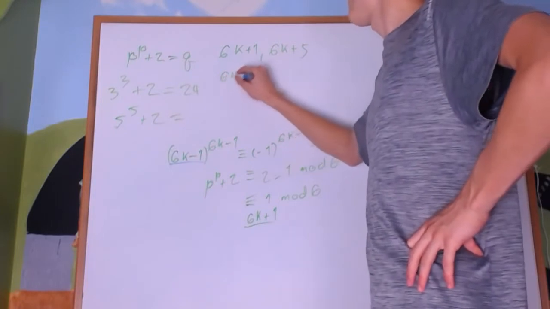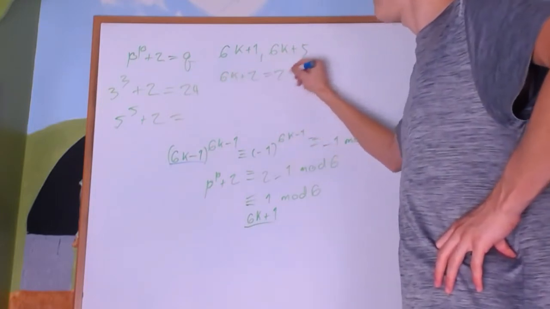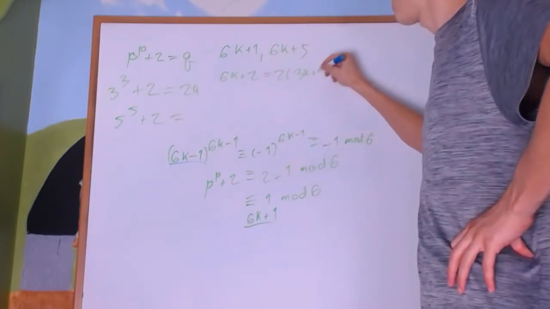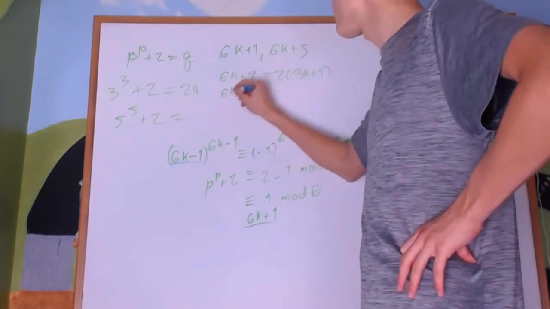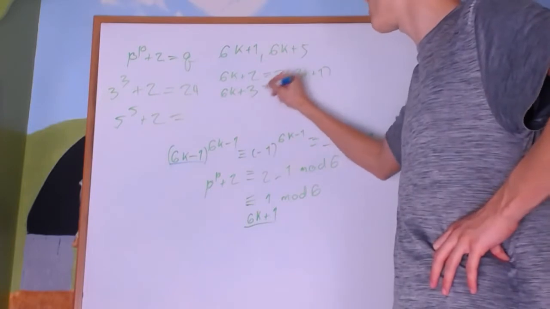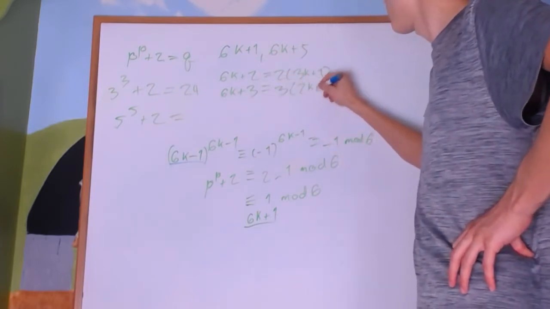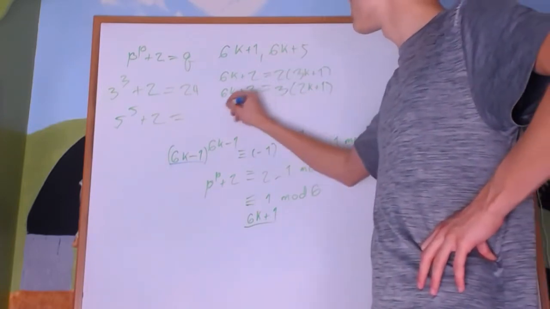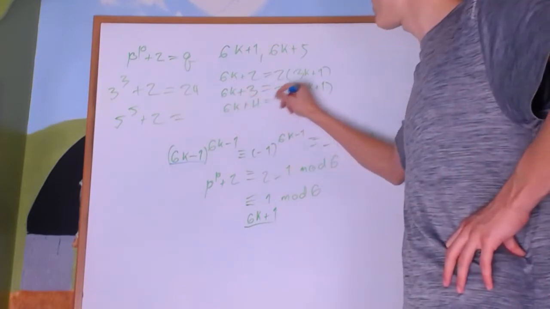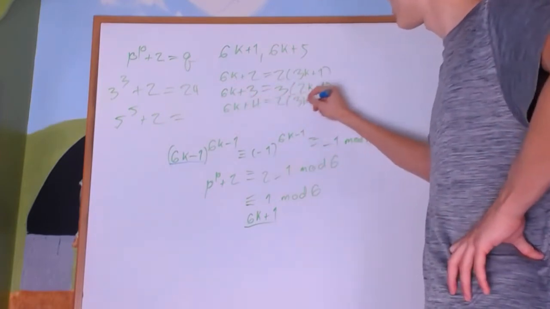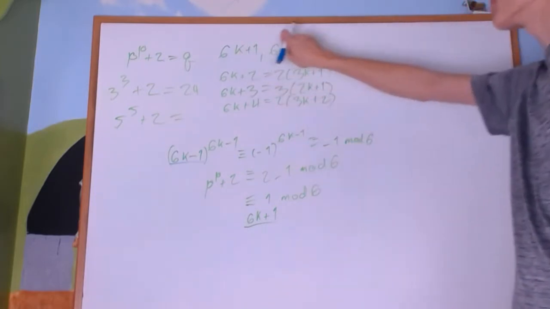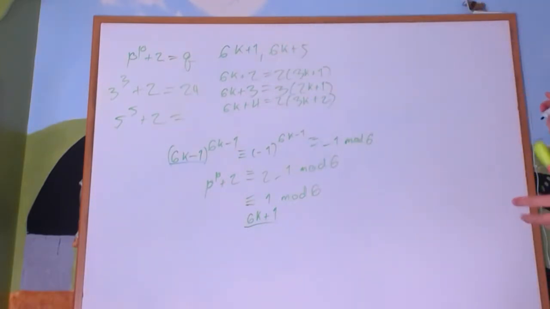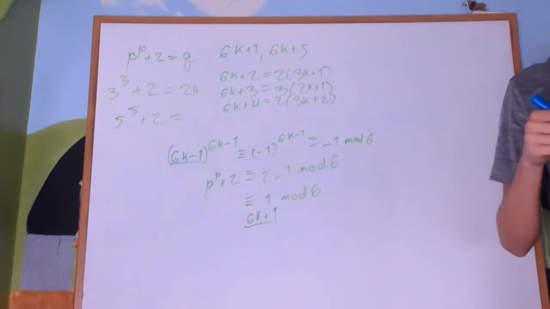So if it was in the form 6k plus 2, it would have 2 as a factor. If it were 6k plus 3, it would have 3 as a factor. And if it was 6k plus 4, it would again have 2 as a factor. So that's why it has to be 6k plus 1 or 6k plus 5 for primes.